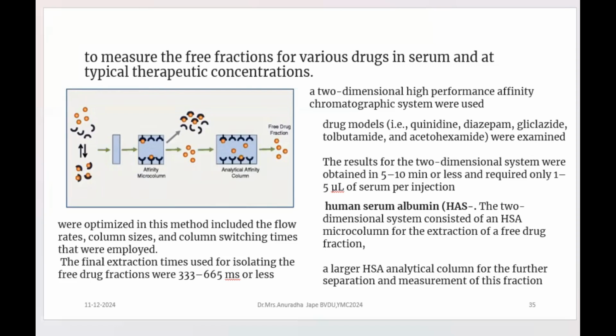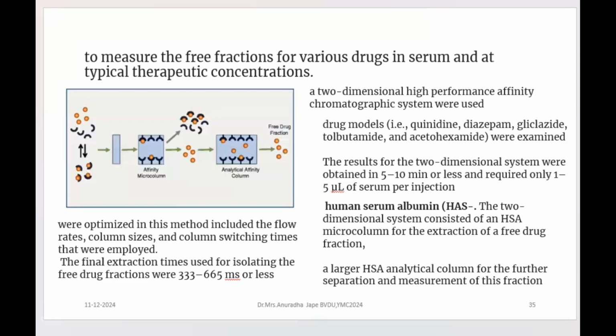So in such cases you have to have the serum component fractionated and the presence of the desired analyte in that particular fraction quantified. So two-dimensional high-performance affinity chromatographic systems are used in this case. Two dimension. What is one dimension? What is two dimension? We have studied it in previous lectures.